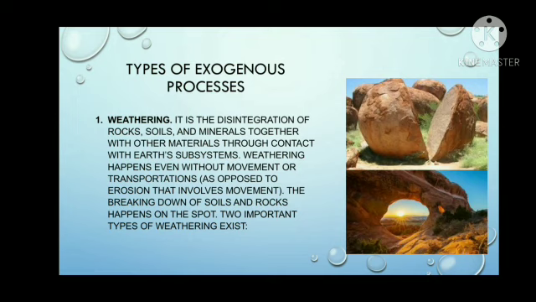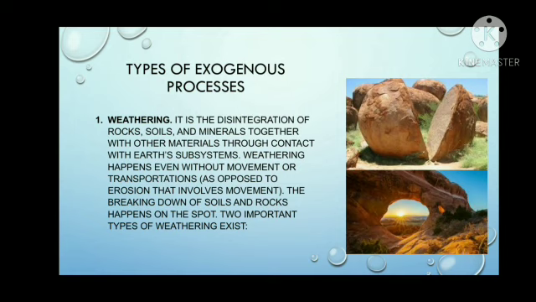Weathering happens even without movement or transportation, as opposed to erosion that involves movement. So the material involved in weathering should be in a static position. There is no movement involved. The breaking down of soils and rocks happens on the spot.